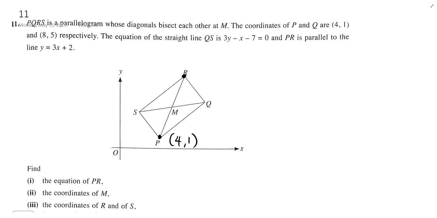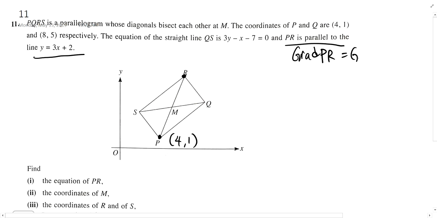How do you get 3? PR is parallel to y equals 3x plus 2, so the gradient for PR equals the gradient for y equals 3x plus 2. Therefore, the gradient of PR must be 3.